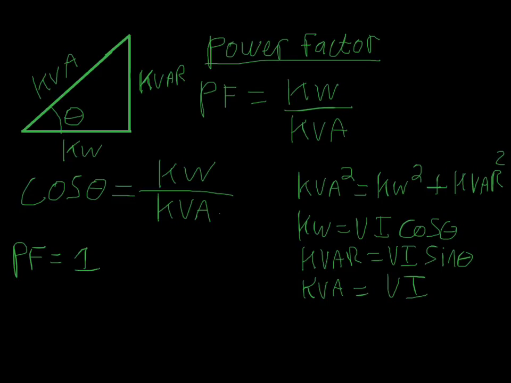So now it's time to introduce you to a saying in the industry, ELI the ICEman. E is for your voltage. If your voltage is leading or ahead of your current, then it's an inductive load.